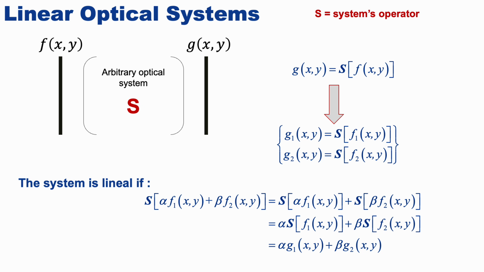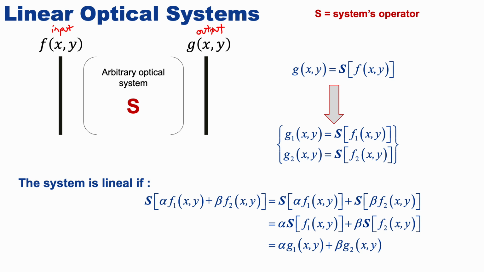So linear optical systems, why is it super important to have linear optical systems? Let's talk a little bit about the kernel. So we have our input plane. We have here our input and our output, and we don't know right now what the transformation is, but we know that the system is described by an S operator.